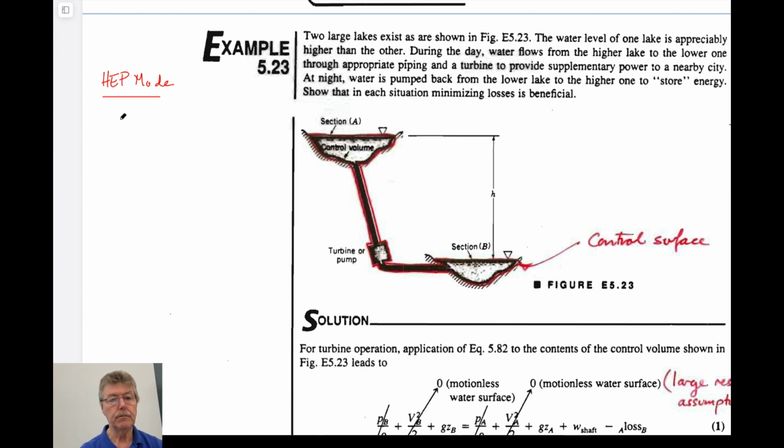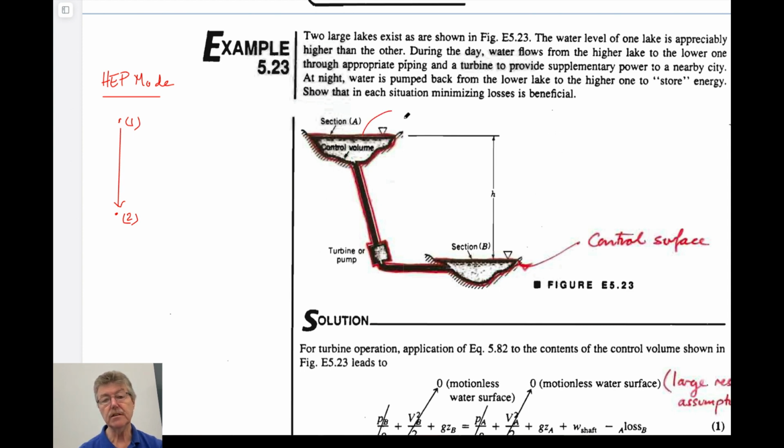What do we do? Guess I didn't need to do such a big arrow. But so we've got Bernoulli's equation.